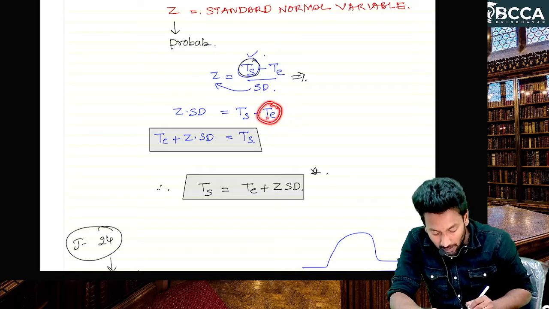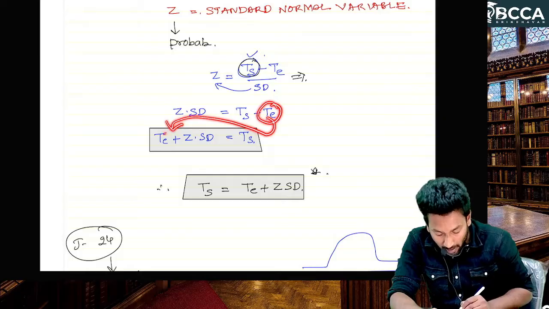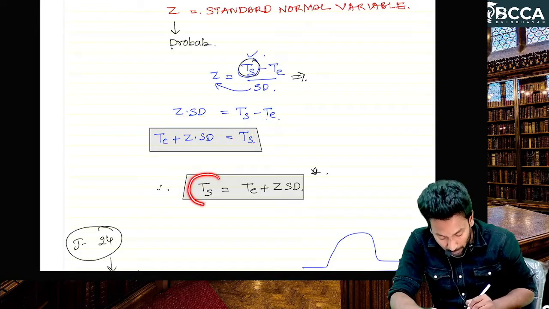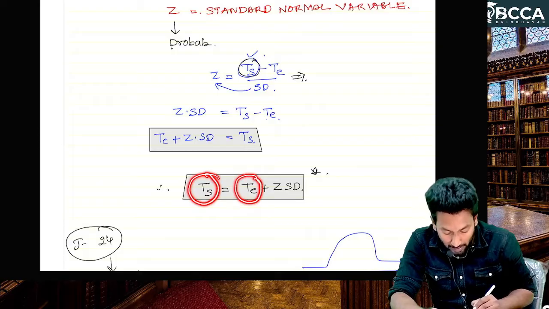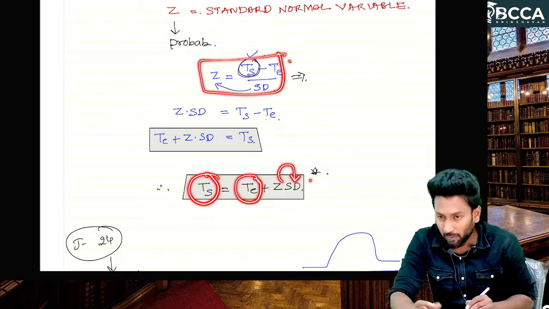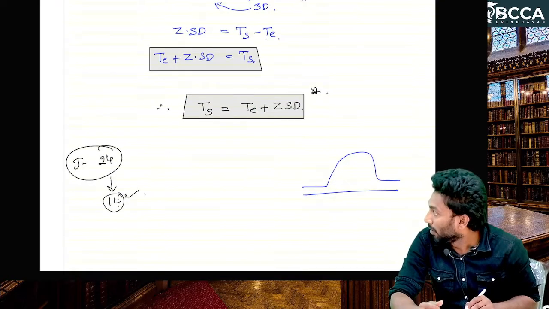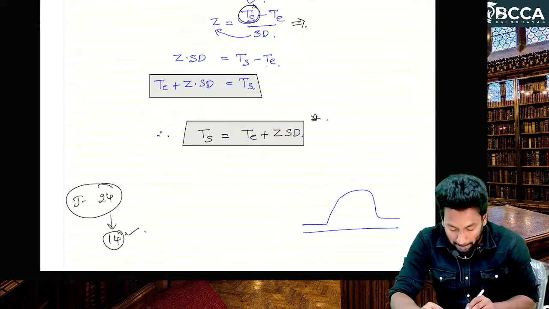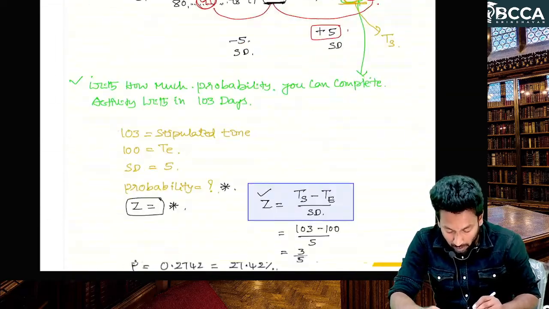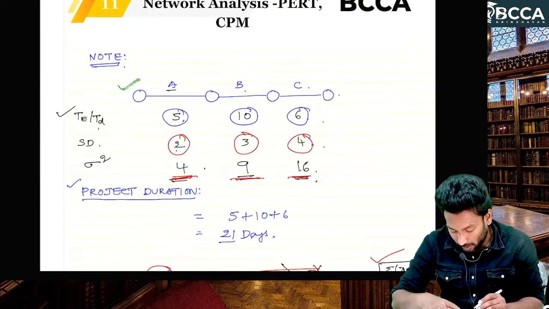Then bring TE to the left side: TE plus Z into standard deviation equals TS. So stipulated time equals expected time plus Z into standard deviation. Same formula, but written differently based on the requirement. These are all the formulas we have in this concept.